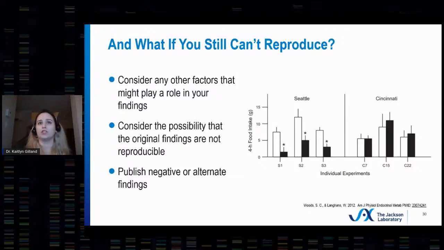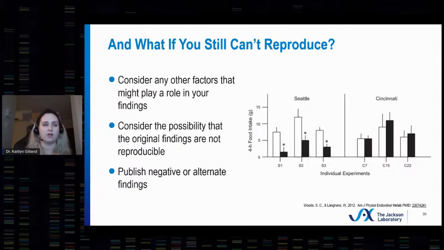The only thing that really changed between these two experiments or groups of experiments was the location. The researchers conducting the experiments were the same, the reagents were the same, and so geographic location likely played a role here. Also consider the possibility that the original findings are just not reproducible.